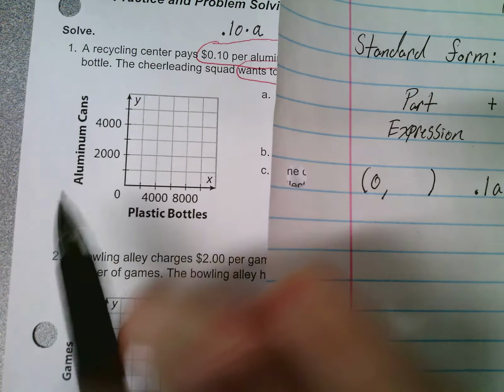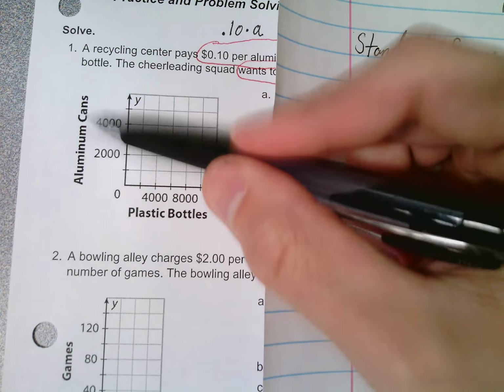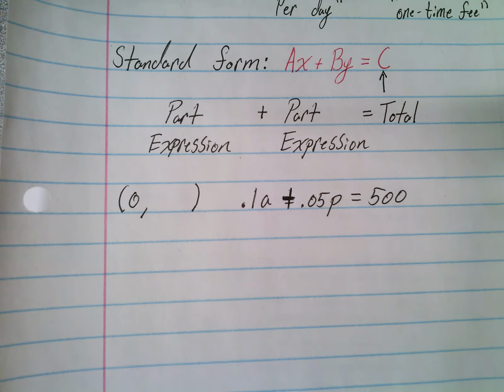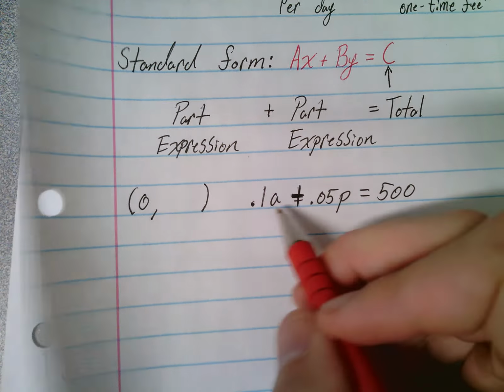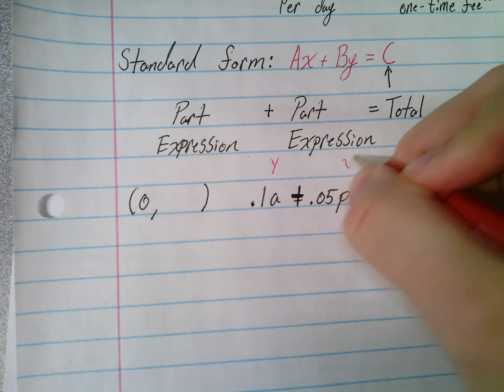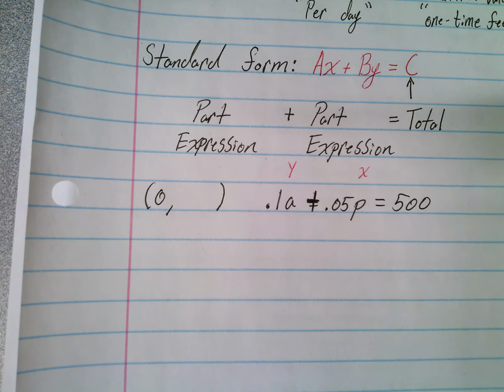On their graph, aluminum cans is on the Y-axis. So their aluminum cans is their Y, and plastic is their X. So in our equation, this aluminum is our Y, and this is our X value. But we can decide that when we graph it too.